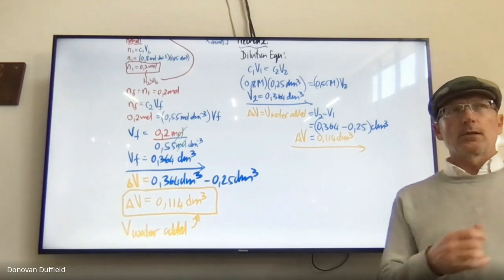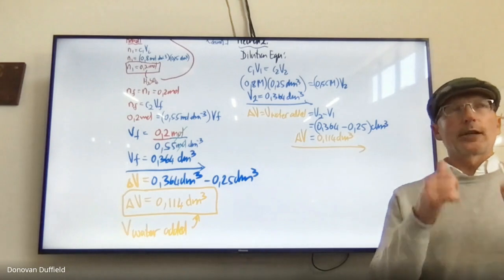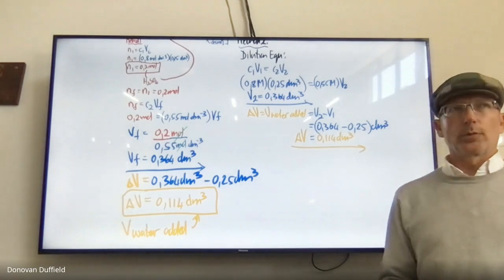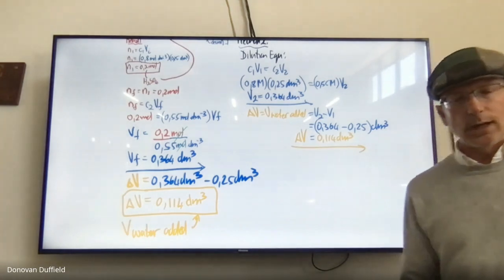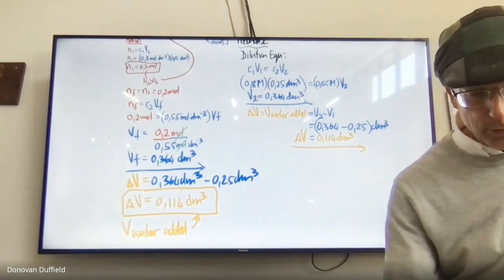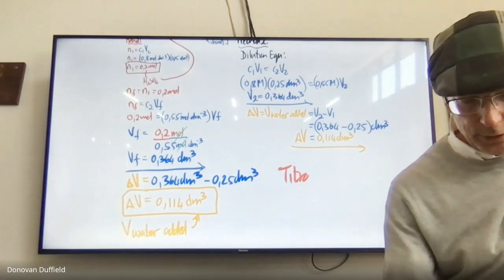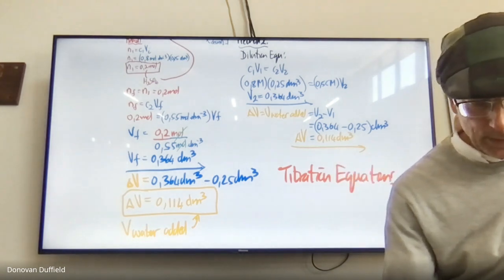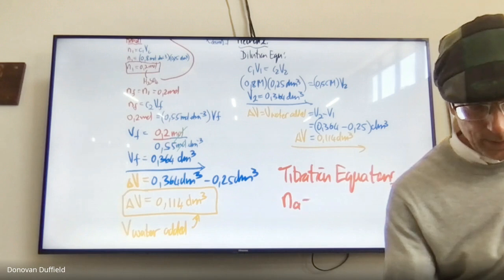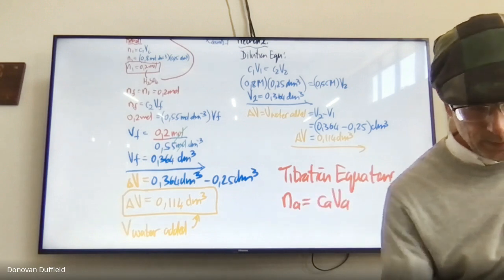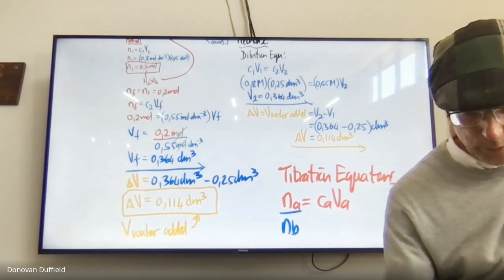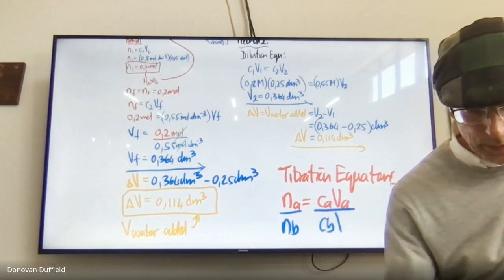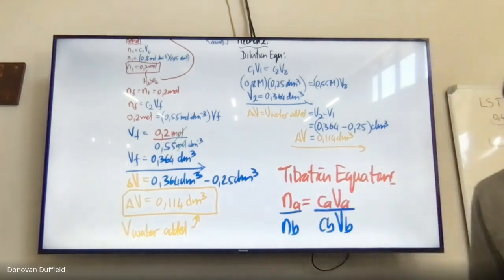Now, don't mix it up with the titration formula. Because your titration formula, which we're going to do, looks like this. The titration equation looks like this: the number of moles of acid, which is the concentration of the acid times the volume of the acid, equals the number of moles of base, which is the concentration of the base times the volume of the base.